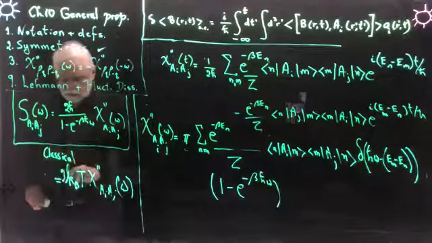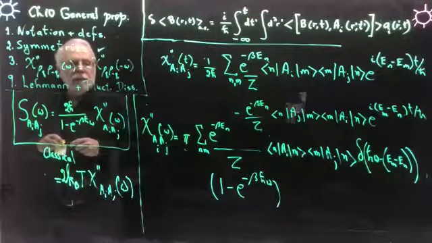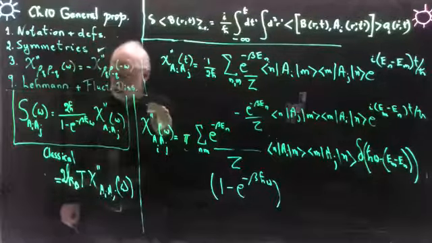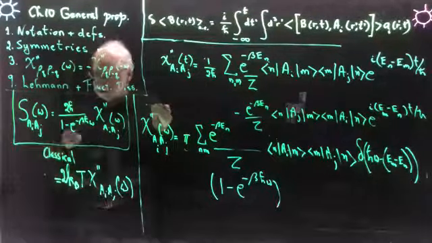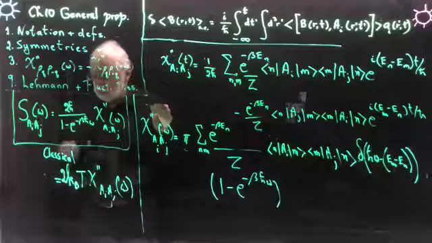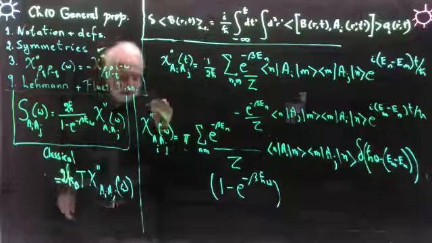The 2 does not drop out. So this could go to 0 if beta goes to 0, so you have 1 minus 1. But when beta equals 0, I have to take the limit, and then it works out.